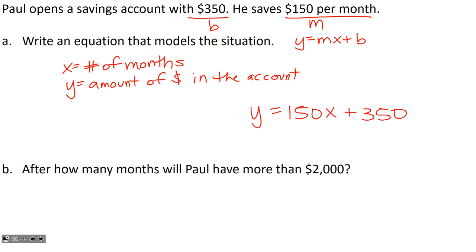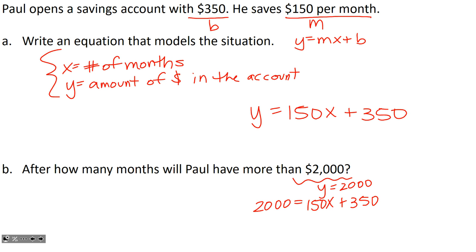After how many months will Paul have more than $2,000? So $2,000, go back and look at how we defined our variables. That's not the number of months, that's the amount of money, right? So we're going to plug in 2,000 for y, and then we're going to solve for x.